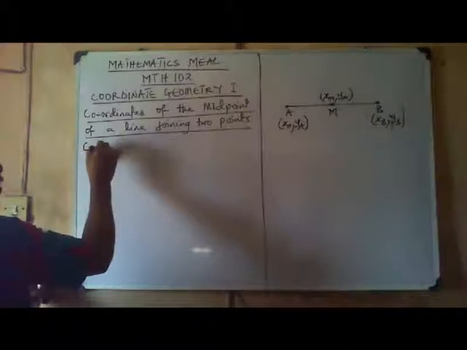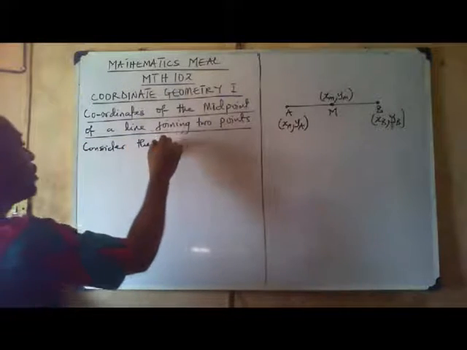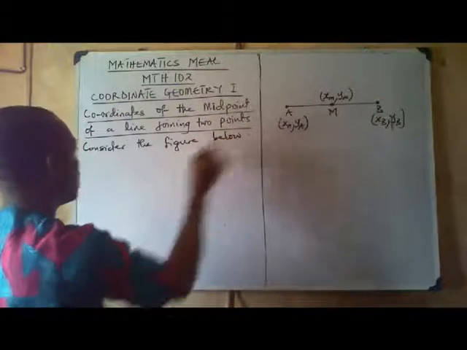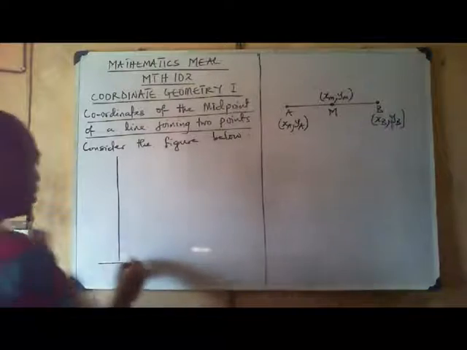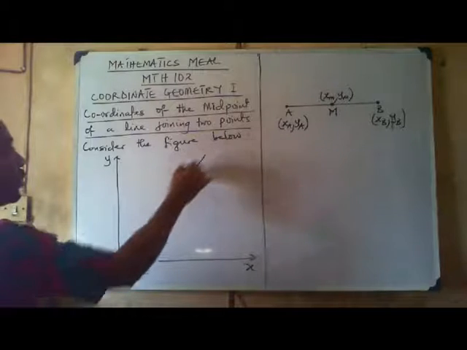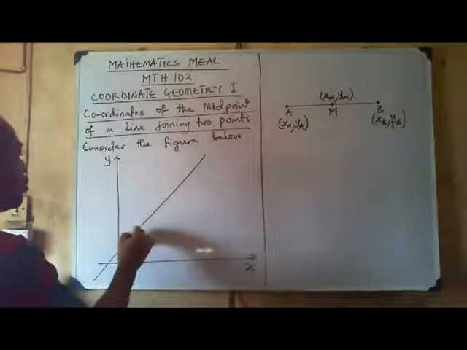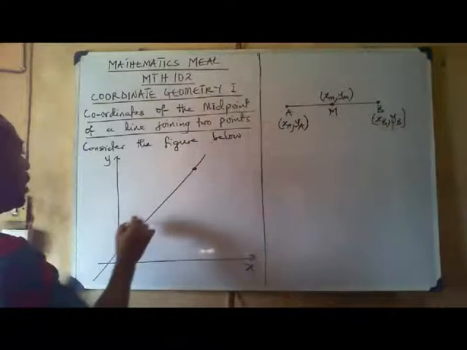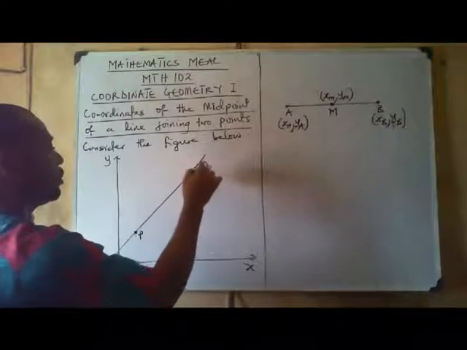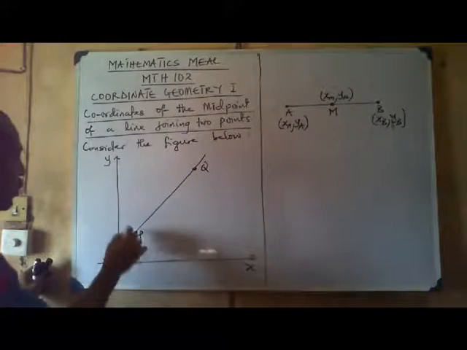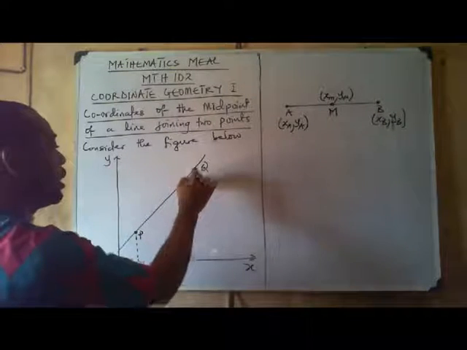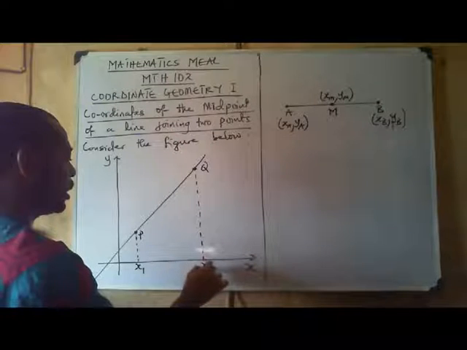Consider the diagram below, the figure below. Now this is a Cartesian plane, this is X and this is Y. If I have a straight line and I have 2 points on that straight line, any point, I can say let this point be point P and here be point Q. Now for us to locate point P, let's say that we have X1 and then point Q is at X2.